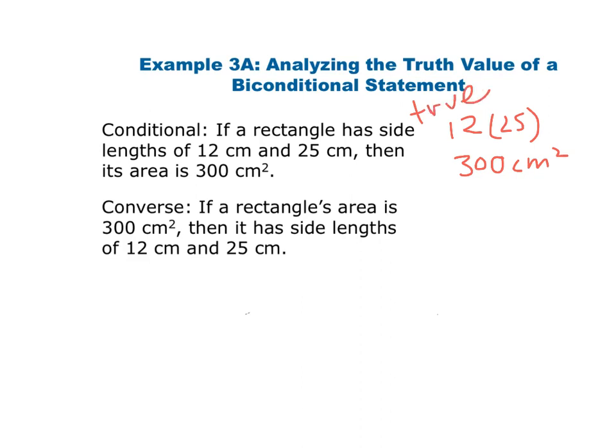Now let's look at the converse. If a rectangle's area is 300 centimeters squared, then it has side lengths of 12 centimeters and 25 centimeters. The converse is not true because we could have a rectangle with a length of 30 and a width of 10.